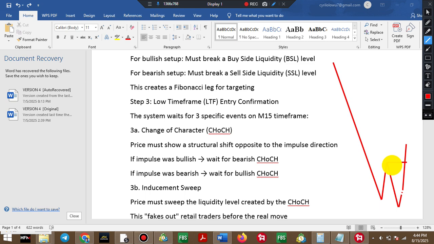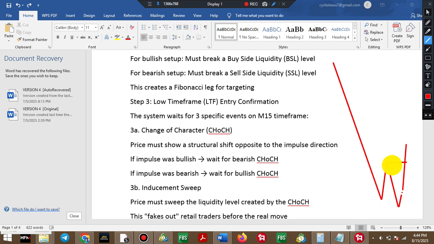Whatever be the case, that is why the system focuses on these zones for you, so that when this move is confirmed, it tells you that the initial impulsive move has come to an end. Probably price may want to do a pullback, which is familiar to most forex traders. So it looks for a change of character on that lower time frame, in the opposite direction of the impulsive move.